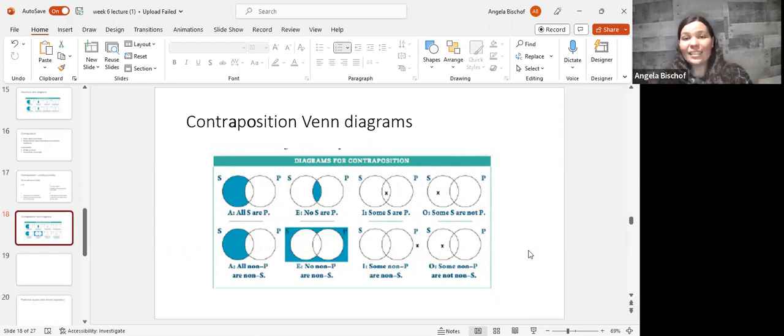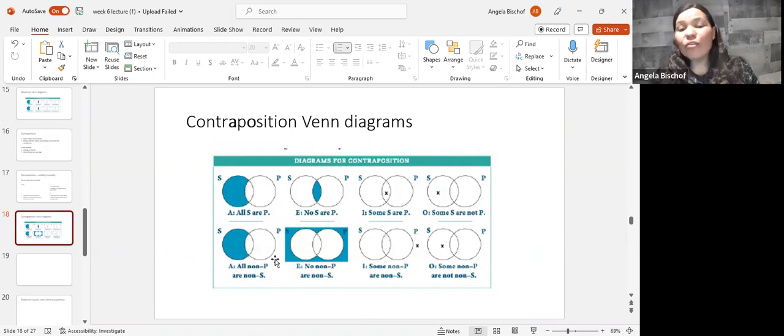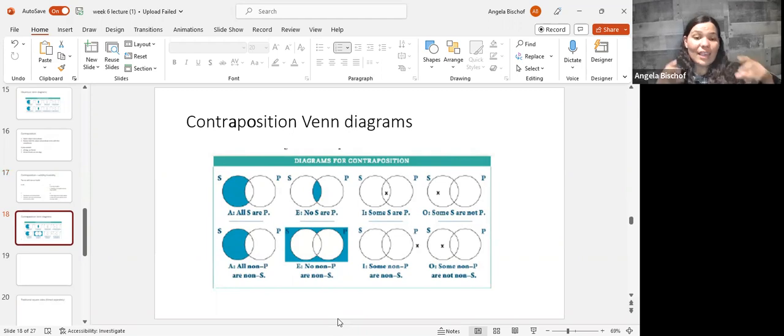Everything's a P and an S. Everything that exists is a P and an S. So if everything that exists is a P and an S, that means that everything outside of the Venn diagram is empty, that nothing's going to be outside of the Venn diagram. So we're saying that everything that exists is contained in that Venn diagram because the outside of it shaded in means nothing exists out there, that there's nothing that's not a P and not an S.